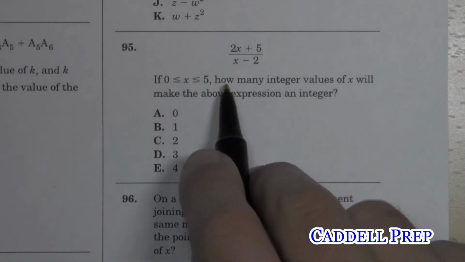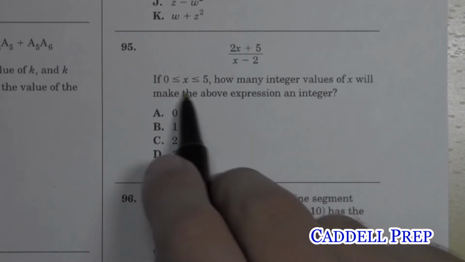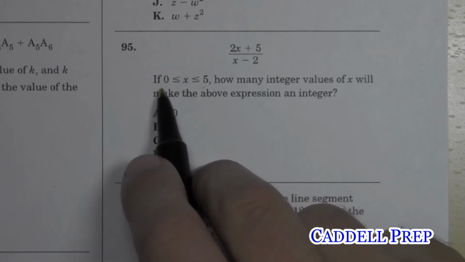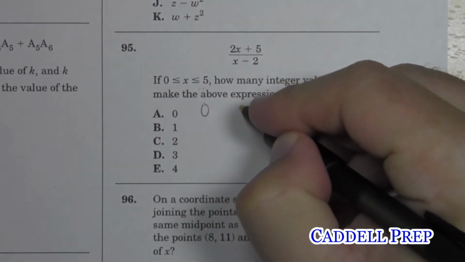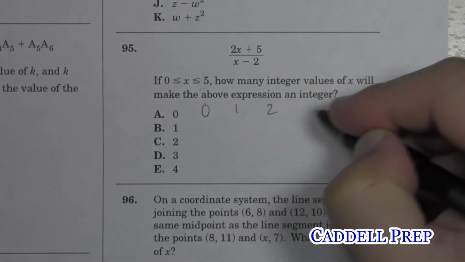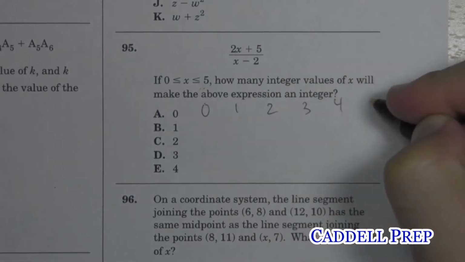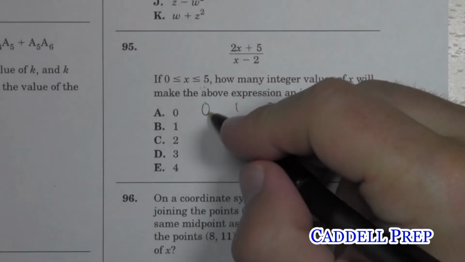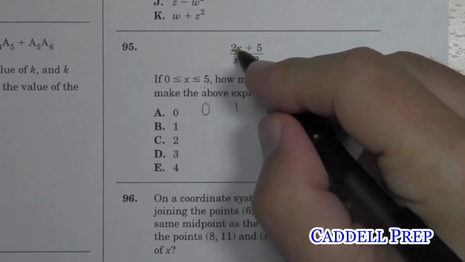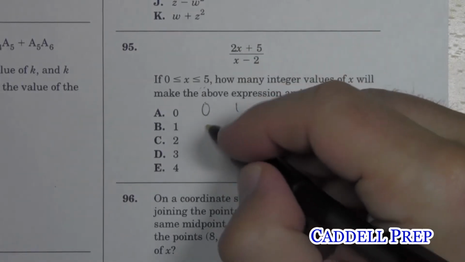And we only have to test the integer values between 0 and 5, including 0 and 5. So we're only going to try 0, 1, 2, 3, 4, and 5. So if we try 0 first, we get 2 times 0, which is 0, plus 5.